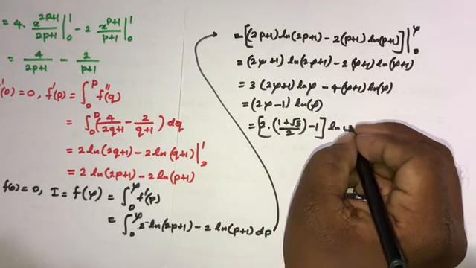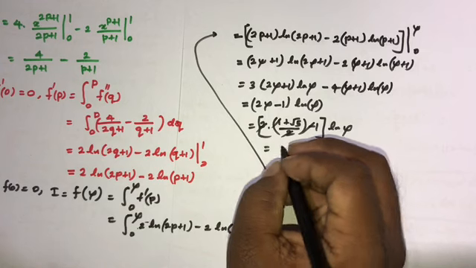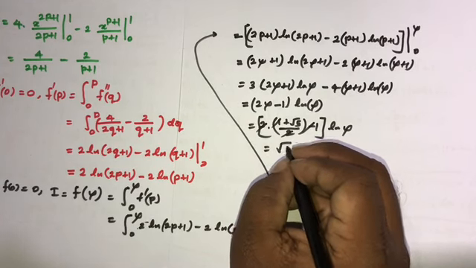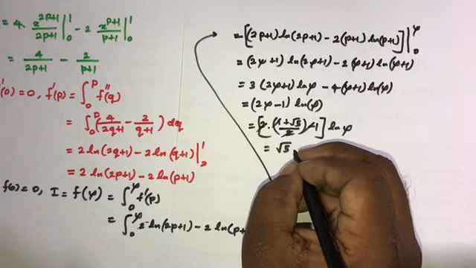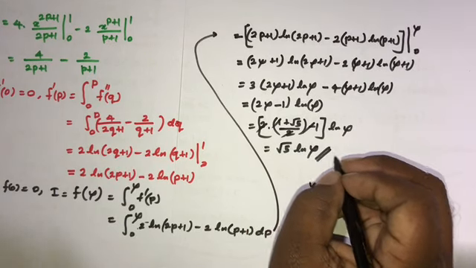Now these get cancelled, and we will have the square root of 5 times natural log of the golden ratio. Okay, this is the answer.